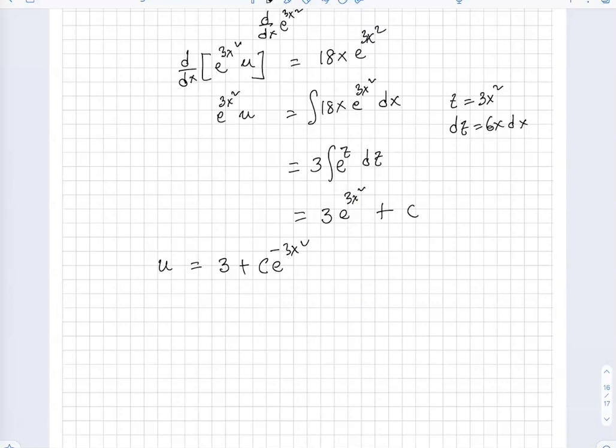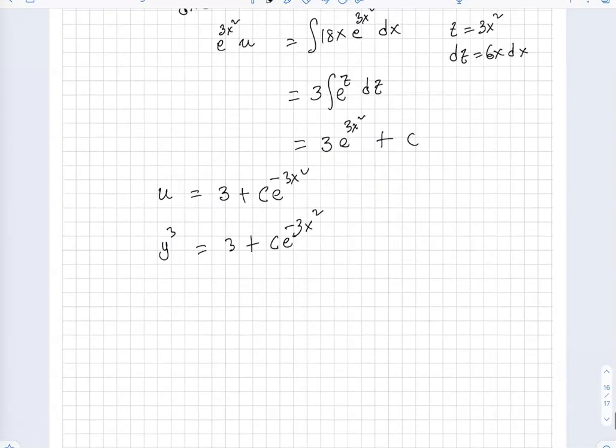So you have used u equals y cubed. Then you get y cubed equals 3 plus c e to the minus 3x squared, and that's your implicit solution if you wish, and it is possible to write down y explicitly in this case.